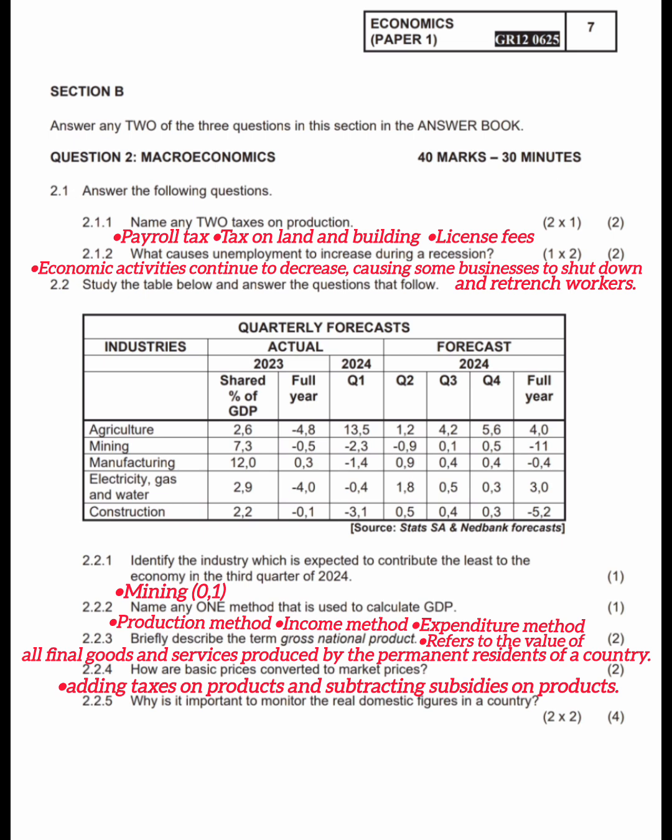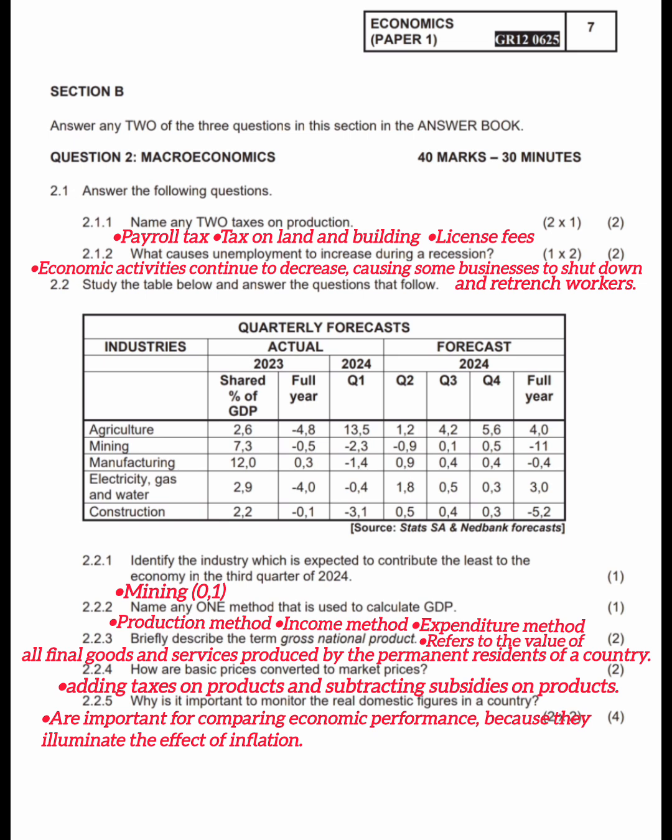2.2.5, why is it important to monitor the real domestic figures in a country? So we know that real domestic figures means that inflation has been adjusted, right? So, real GDP figures are important for comparing economic performance because they eliminate the effect of inflation.